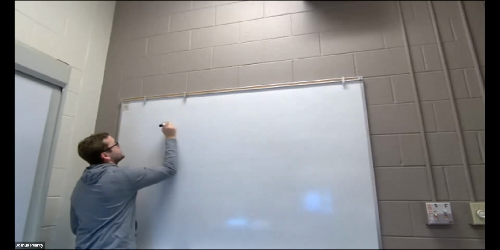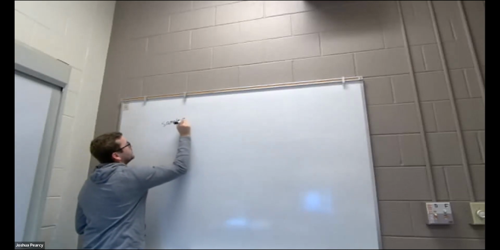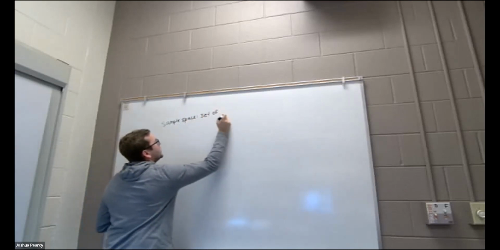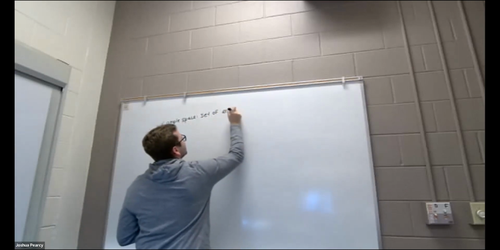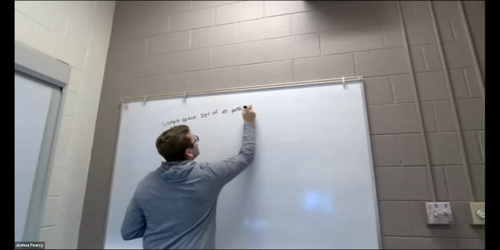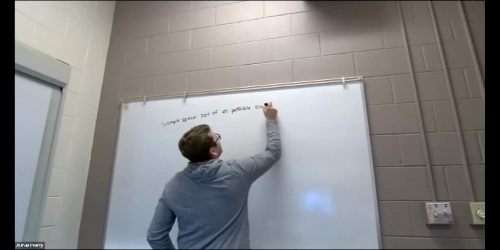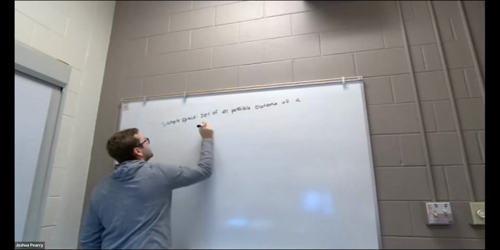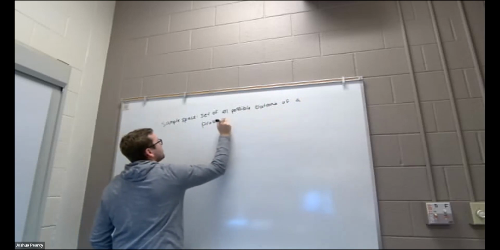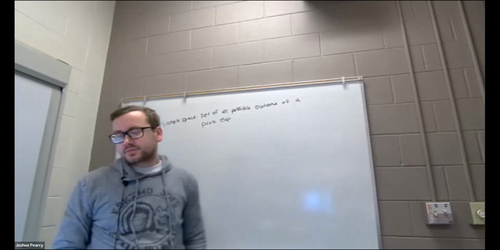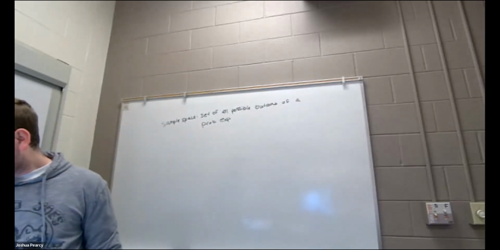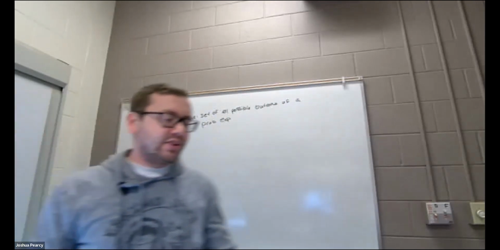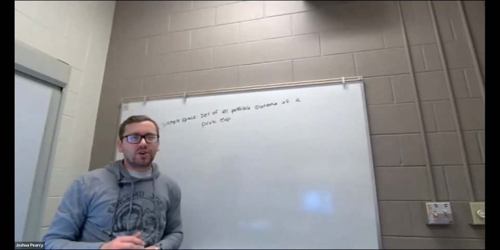Outcomes are obviously one of the possibilities you can get from a probability experiment. So if you toss a coin, it's heads or tails. You roll a die, it's numbers 1 to 6.